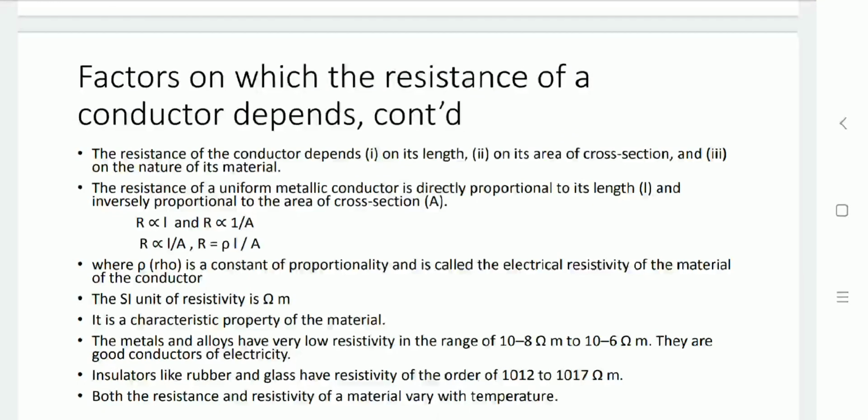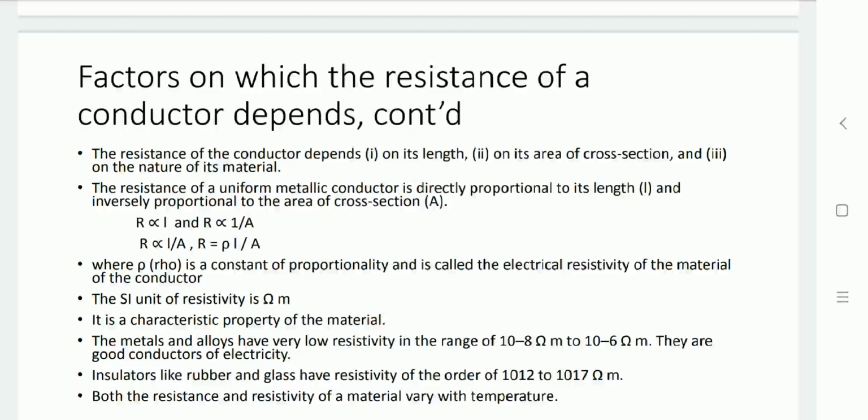While removing this proportionality and replacing it with a constant, it is defined as rho. Rho is the resistivity of the material. The SI unit of resistivity is ohm meter, and it is a characteristic property of the material.